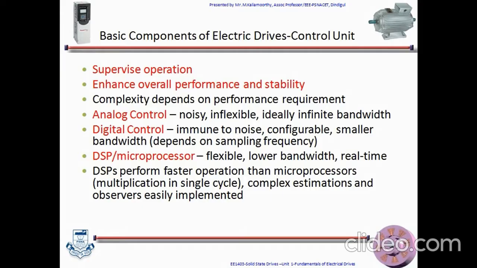DSPs perform much faster when compared with microprocessors because everything can be executed in a single cycle. Complex estimations, especially when we go for a sensorless operation of any electrical drive system, can be performed much faster than with microprocessors, and state observer designs can also be easily implemented by using DSP processors.